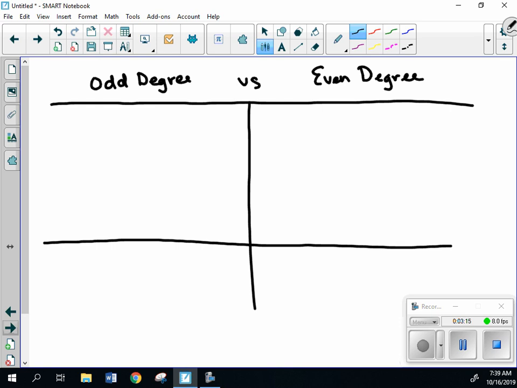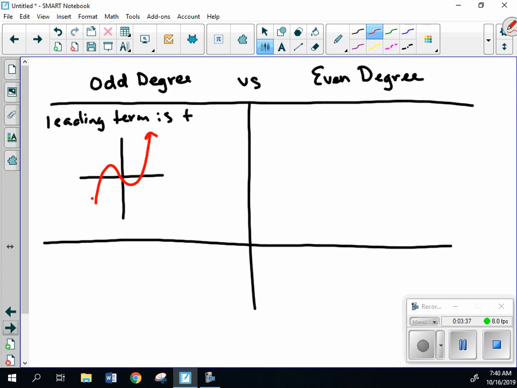If we are looking just at the odd degree column, if that leading term is positive, what that means is that our polynomial is going to look something in the form of this.